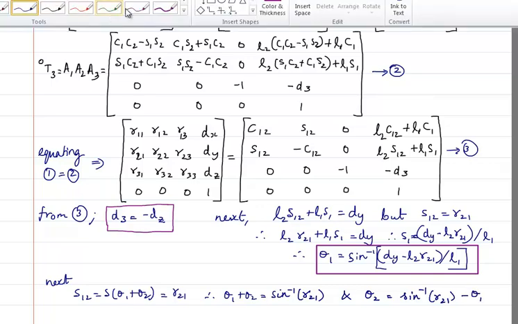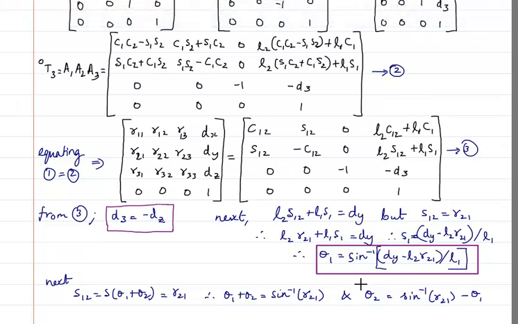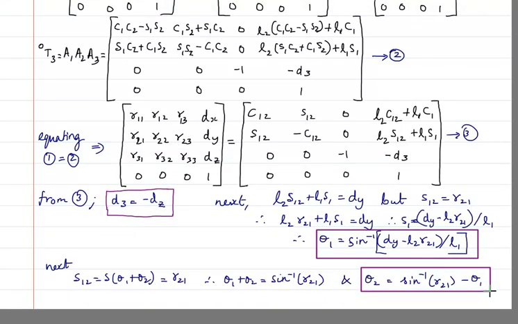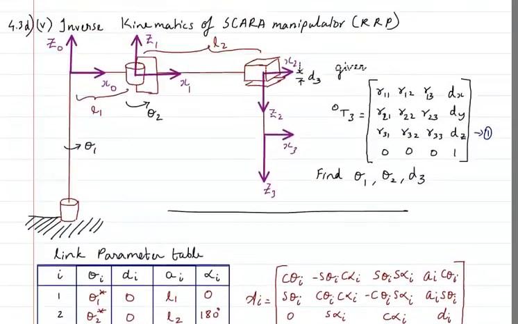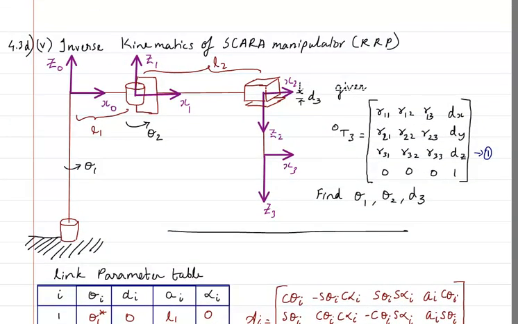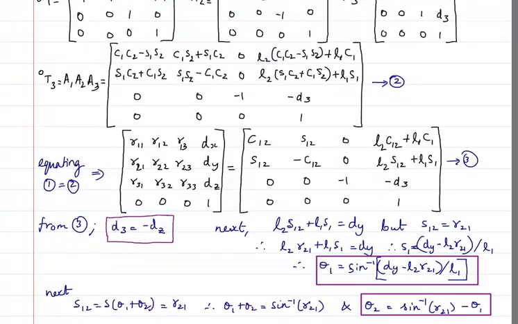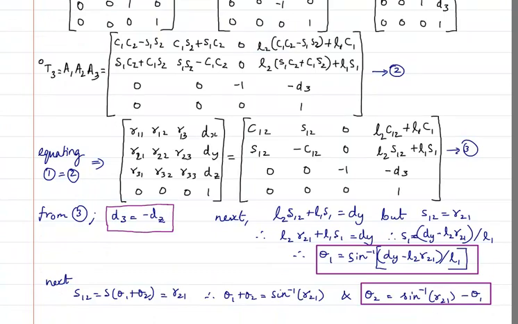So that is the third part which we have just now found out. With that we finish finding theta 1, theta 2, d3 of a SCARA manipulator using inverse kinematics. Thank you.